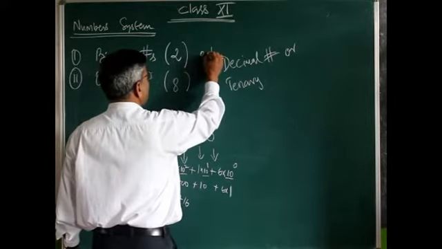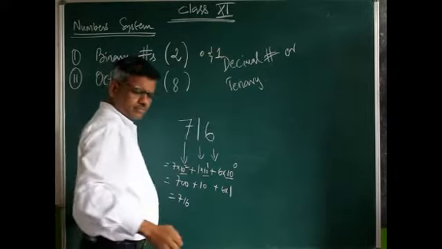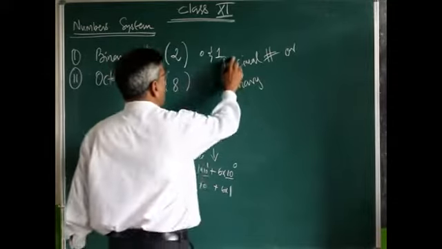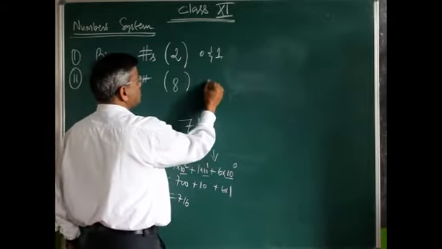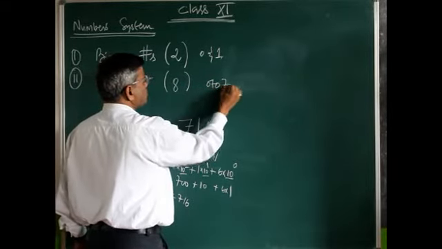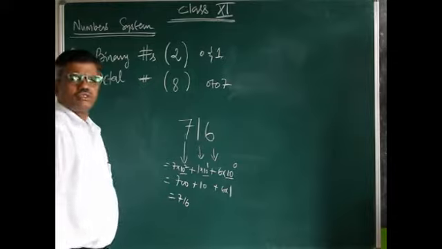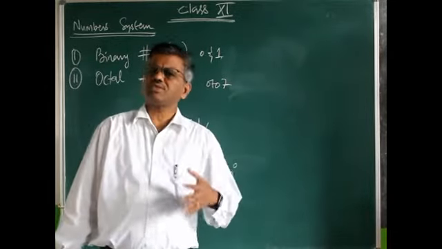Here, how many numbers are there? 0 to 7: 0, 1, 2, 3, 4, 5, 6, 7.